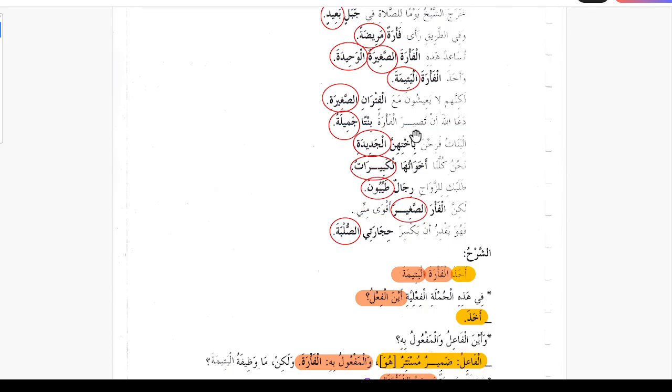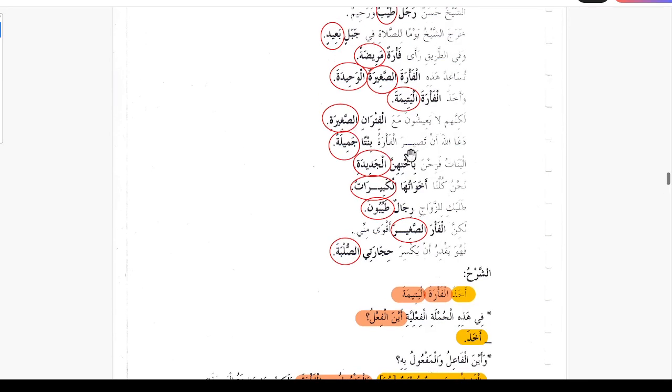Da'a Allah an tasir al faratu bintan jamilatan. He prayed to Allah that the mouse becomes a beautiful girl. So in the story, this is a very interesting story about a mouse that becomes a girl. So here is Jamilatan, Bintan.